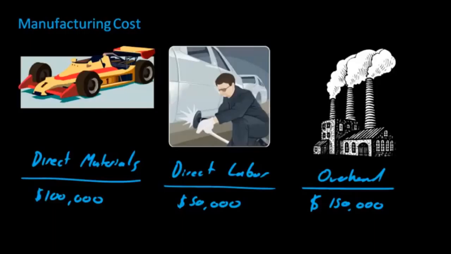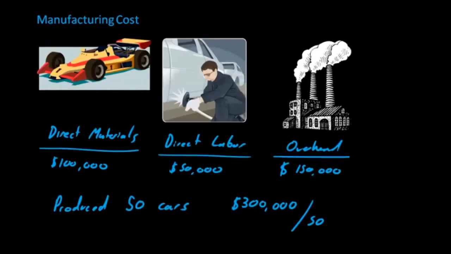So in this example, figuring out cost per unit, or how much it's costing us to produce one car, is pretty simple. Let's say that during that period we produced 50 cars, and we're assuming that all of these cars are identical, so we produce 50 of the same kind of car. So we just take our total product cost, which in this case is 100,000 of direct materials plus 50,000 of direct labor plus 150,000 of overhead, so that totals 300,000, and we just divide it by the number of cars produced.